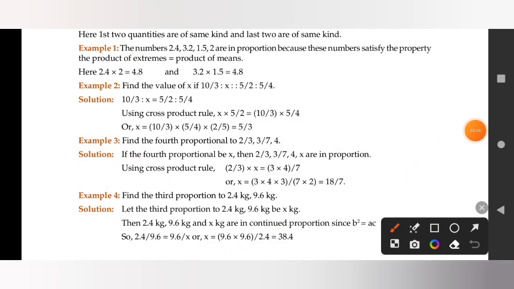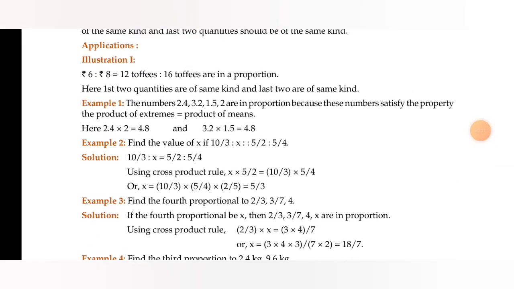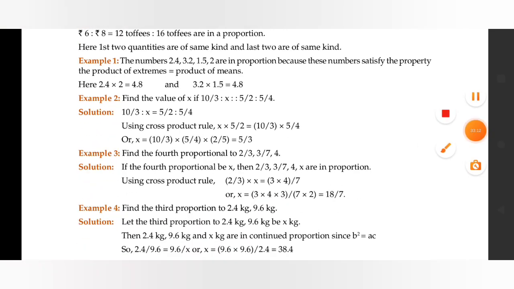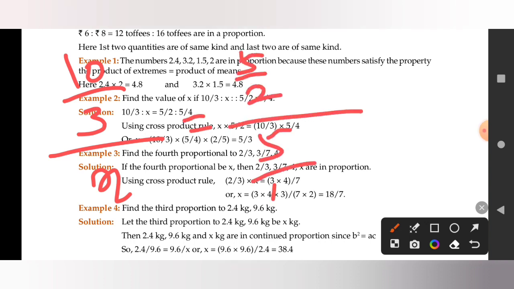Since it is given in fractions, we have to write it that way. 10 by 3 whole divided by x is equals to 5 by 2 whole divided by 5 by 4.